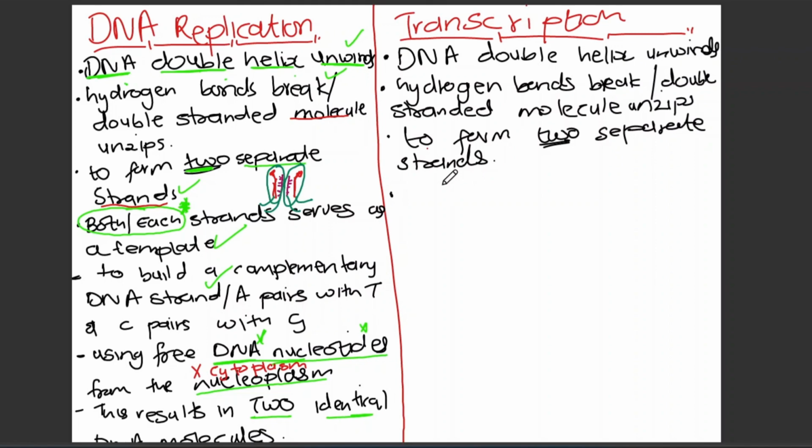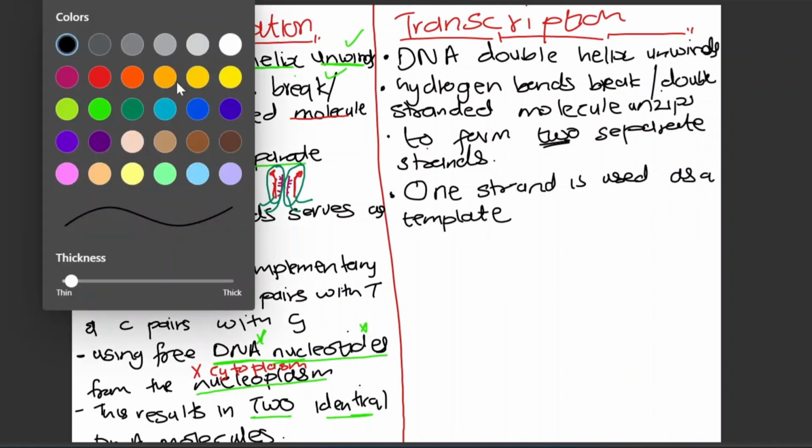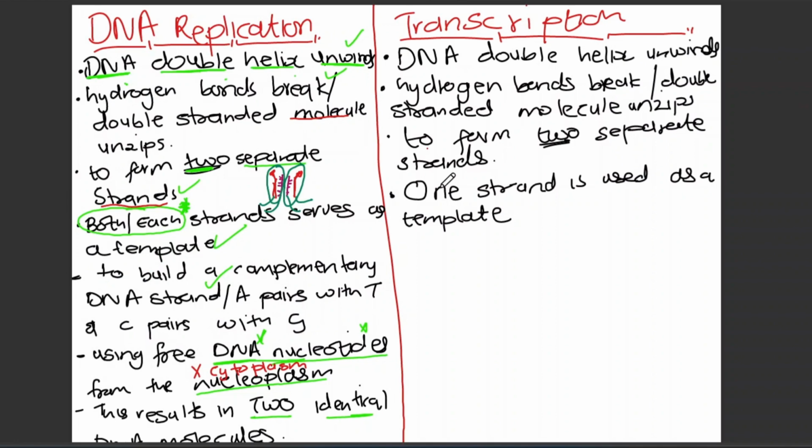So yes, we're going to have 2 separate strands forming, but from those 2 strands, only one is going to be used as a template. I'm sure you can see the difference. So in transcription, one strand is used as a template.